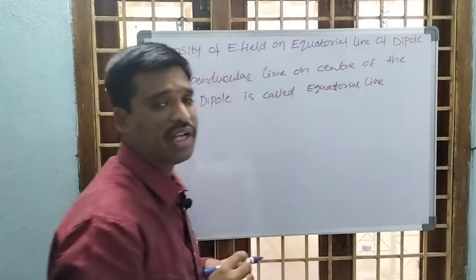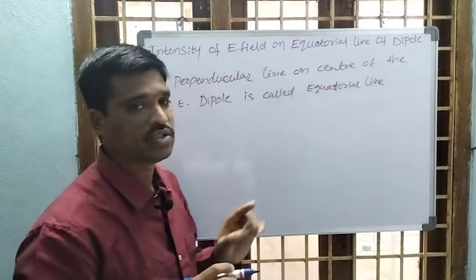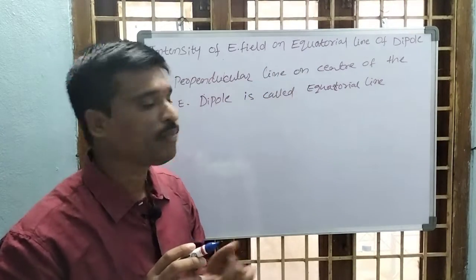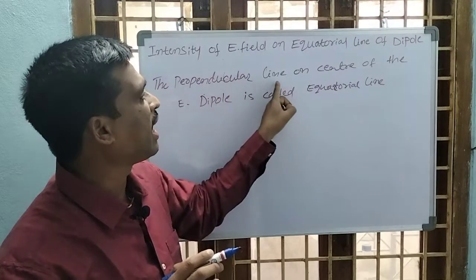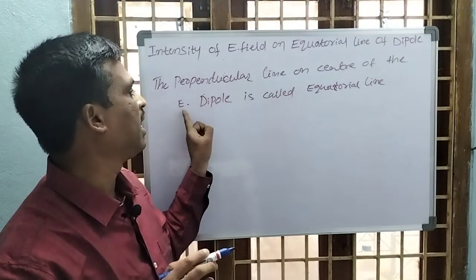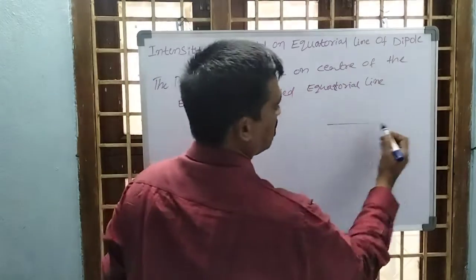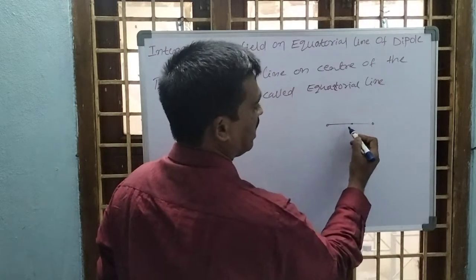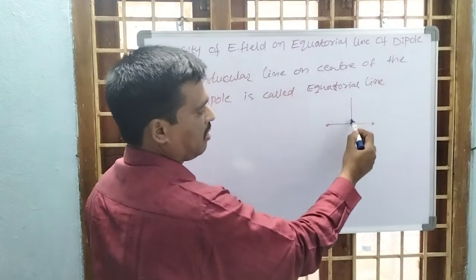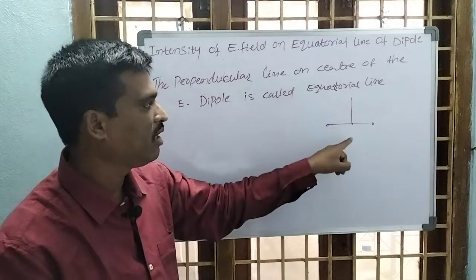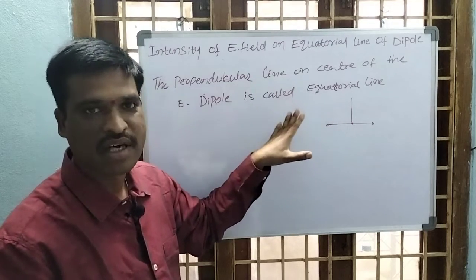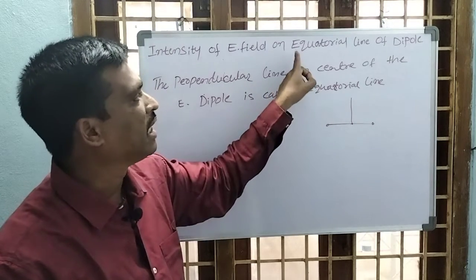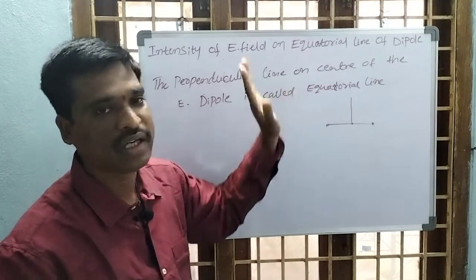So this is the simple definition of the equatorial line. Once again I will repeat the definition: the perpendicular line on the center of the electric dipole. See, this is a dipole, this is the center, and this is the perpendicular line. So this is the definition of the equatorial line of a dipole.